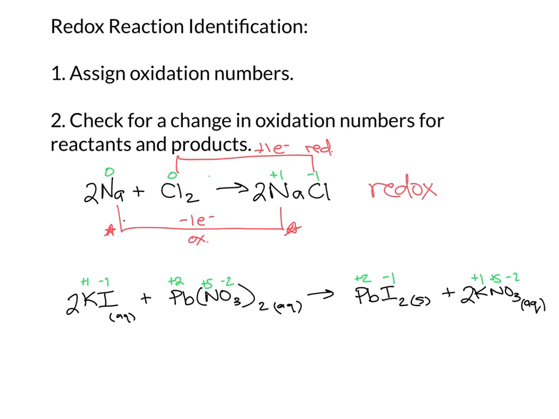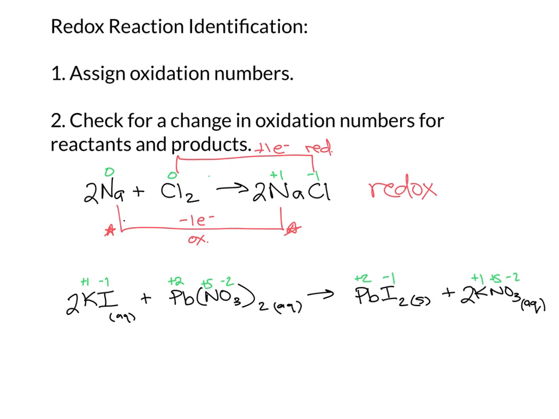So once again, we're going to look at these and see if there are any changes. If we take a gander at potassium, potassium is +1 on the left, +1 on the right. Iodine is -1 on the left, it's also -1 on the right-hand side of the arrow. Lead is +2, lead is +2. Nitrogen is +5, nitrogen is +5 on the right, oxygen is -2, oxygen is -2.